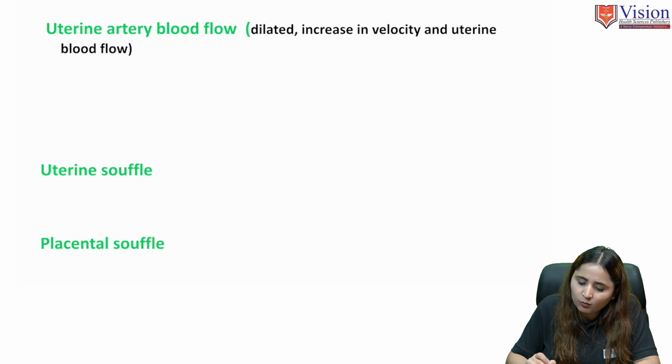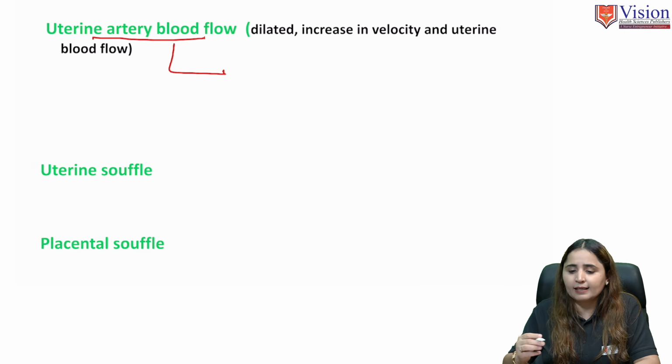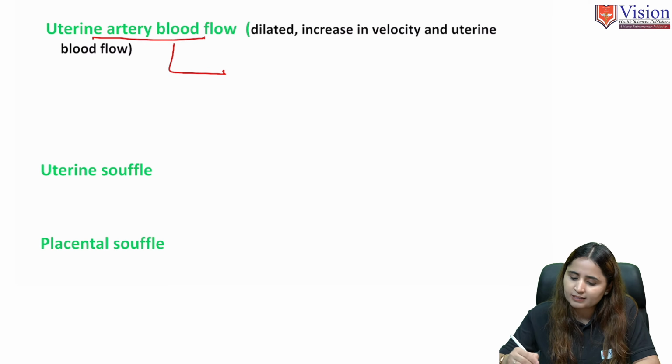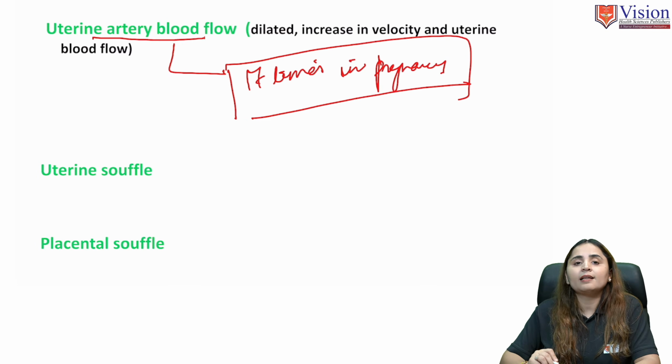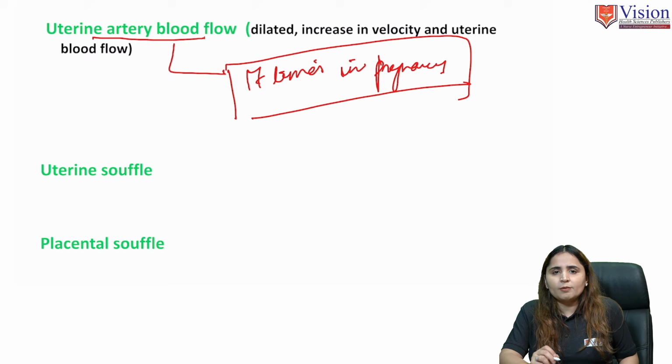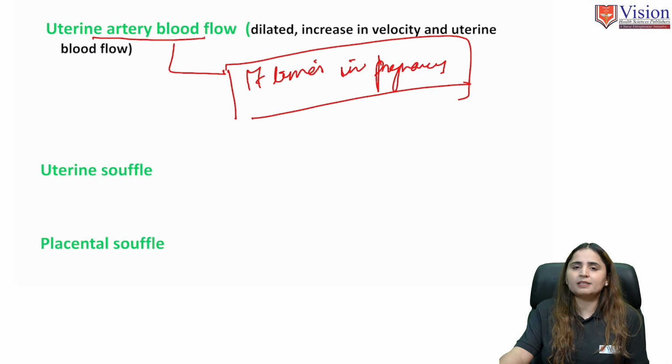And another point about the uterine artery blood supply: there is an increase in uterine artery blood supply by 17 times in pregnancy. So always remember there is an increase in uterine artery blood flow by 17 times in pregnancy. And why is it happening?